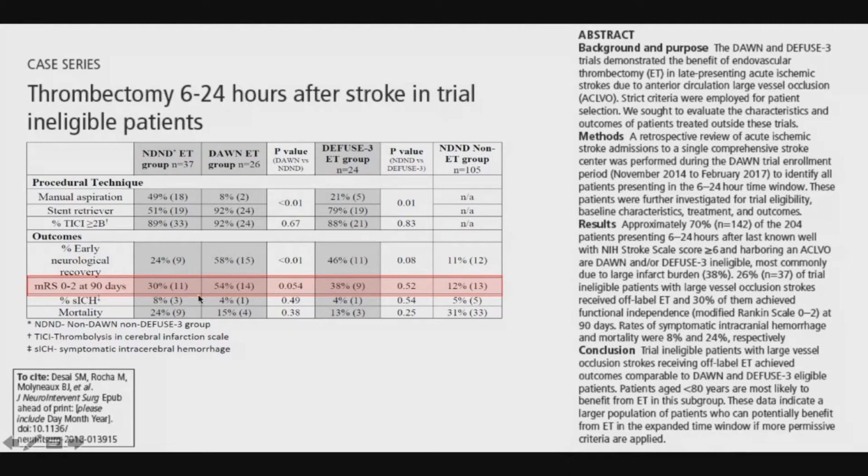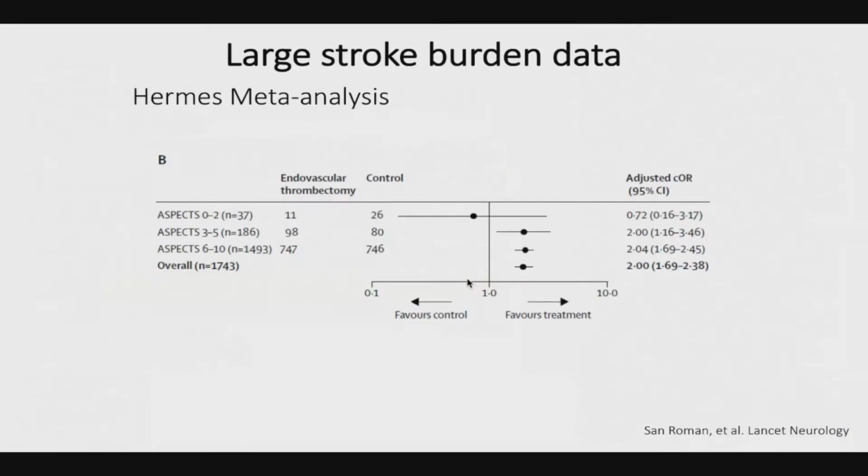Of course, it's not as good as the 54% for the patients in the DAWN trial, but it's definitely better than the 12% in the medical treatment arm. Here's another paper from the HERMES meta-analysis that shows that patients with an ASPECT score of 3 to 5, those are patients with a large core infarct, the odds ratio are still in favor of treatment.